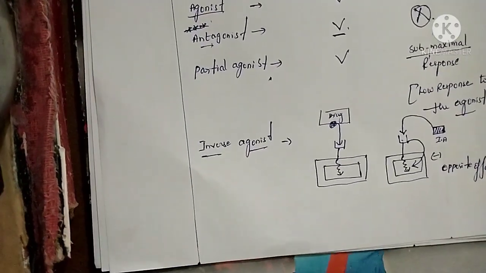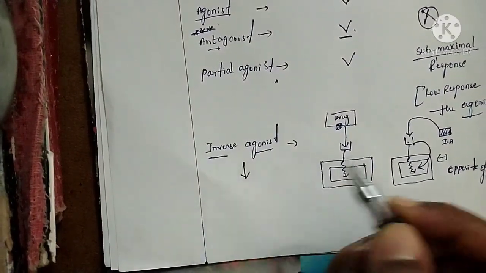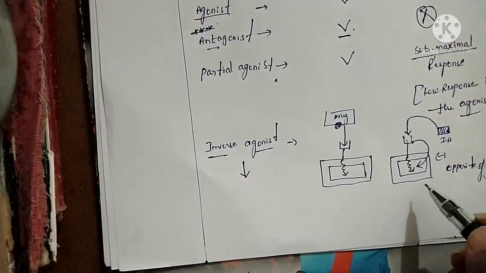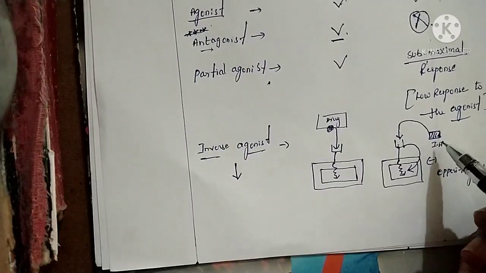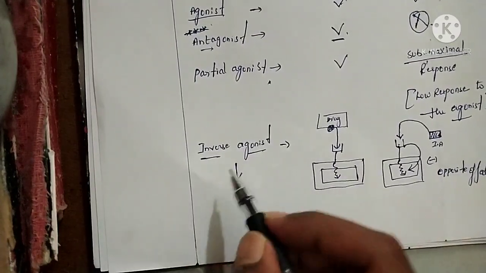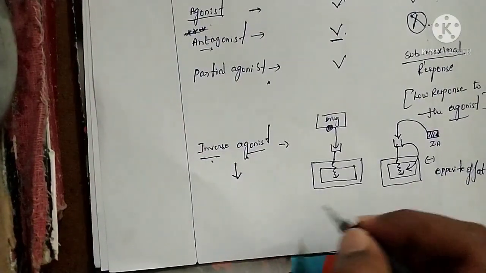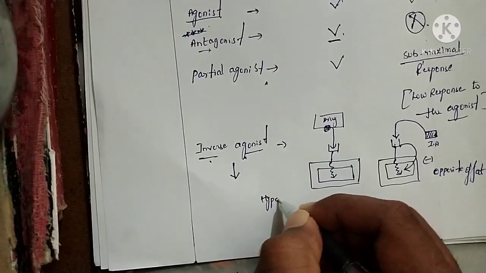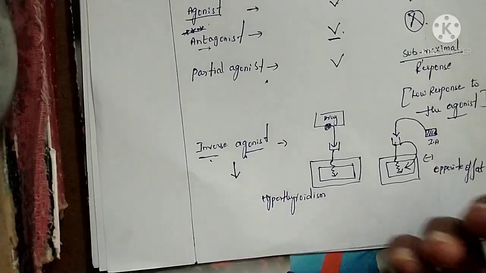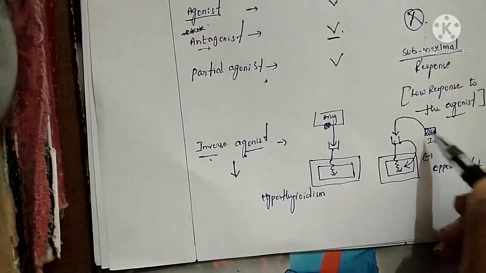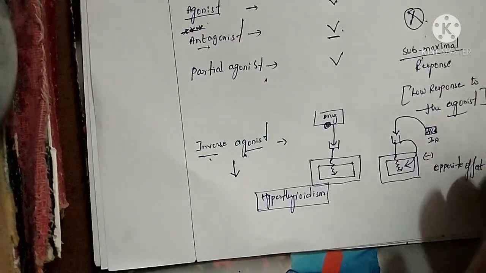An example of this type of case is activation of receptor in the absence of drug molecule. We will give inverse agonist in such a case, for example hyperthyroidism. In this case, the receptors get activated in the absence of drug molecule, so we will give inverse agonist.